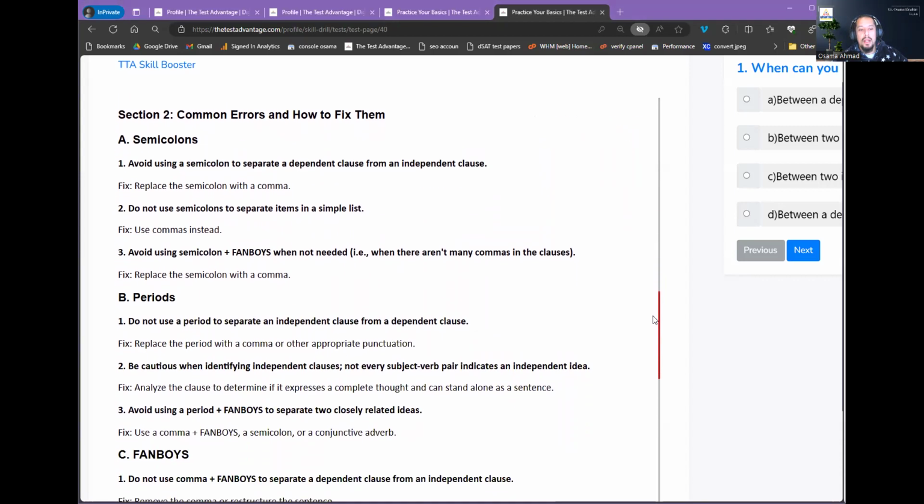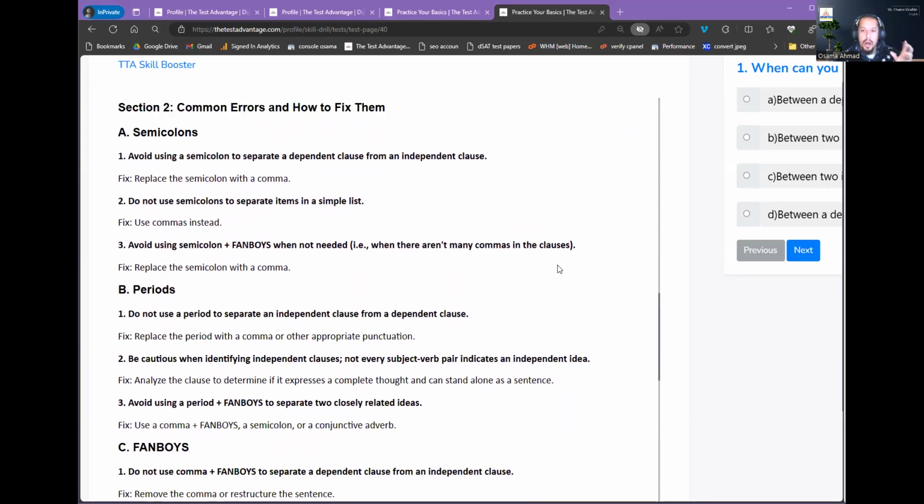Okay, so common errors. Number 1, avoid using a semicolon with a dependent clause. صح؟ ما ينفعش يجي dependent semicolon. صح؟ احنا قلنا two independent ideas. برضه احنا قلنا do not use semicolon in a list عامة. The only time بنستخدم a semicolon list لو شفنا semicolon and.